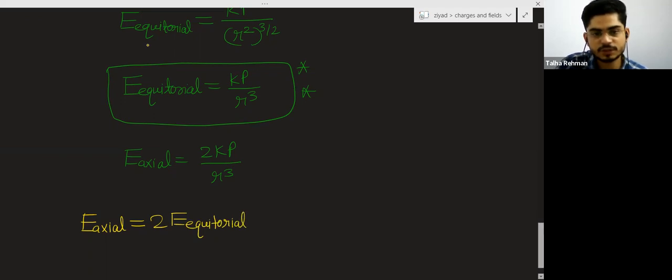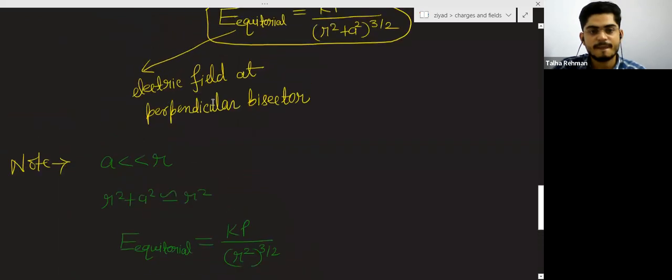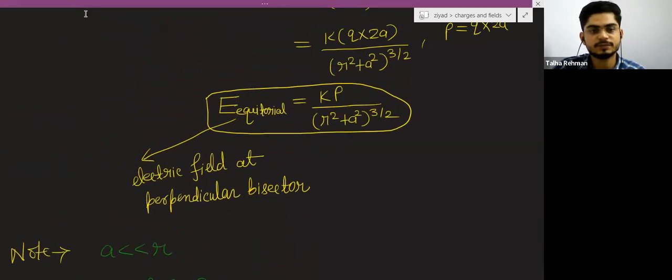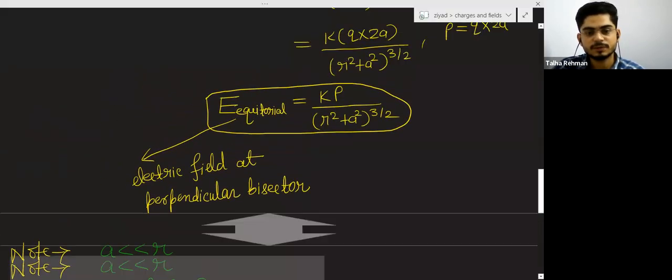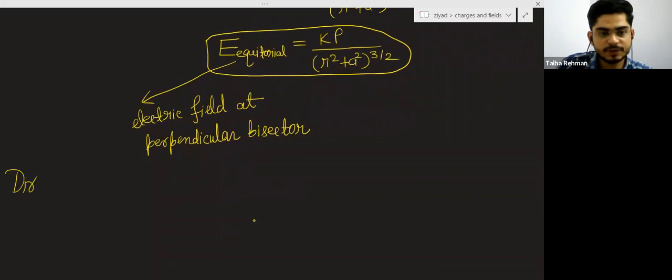When you compare this equation and this equation, you will get this. And what about the direction? Direction of electric field, direction of E equatorial.